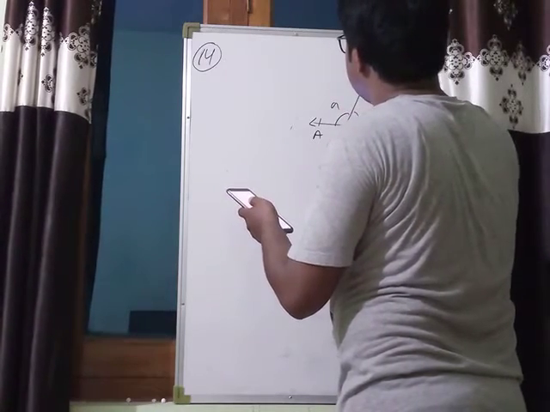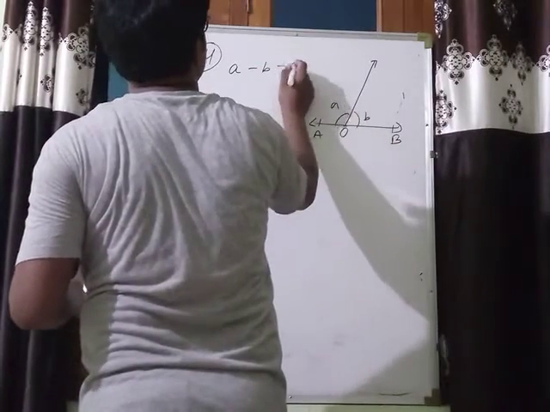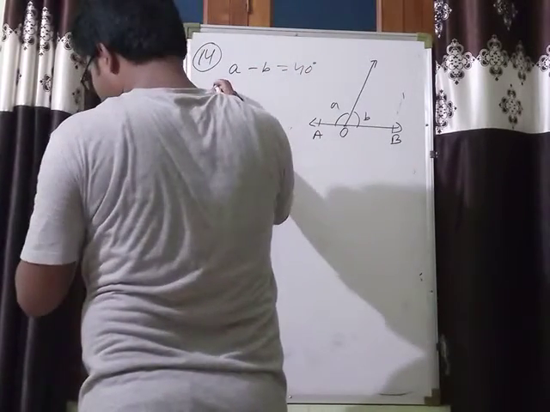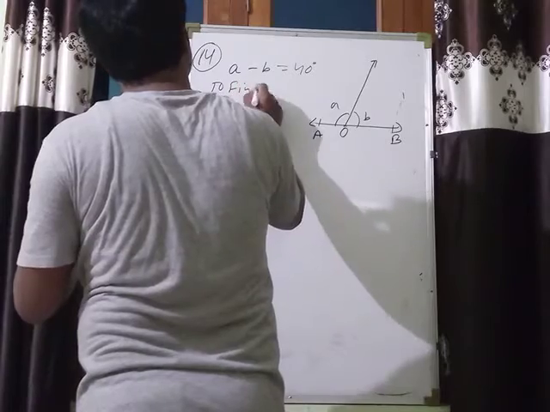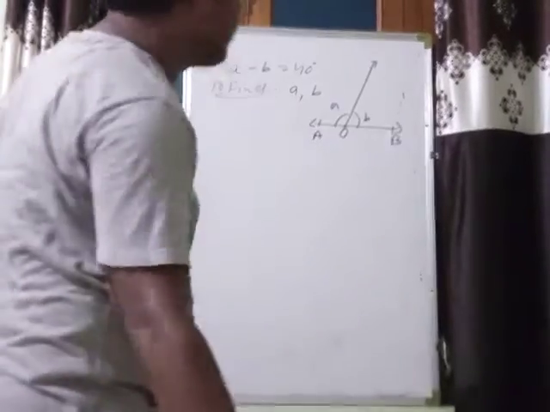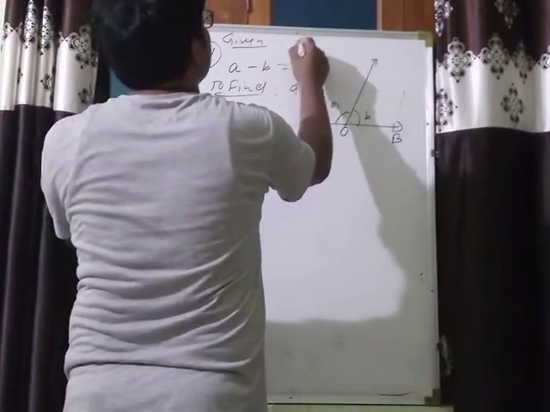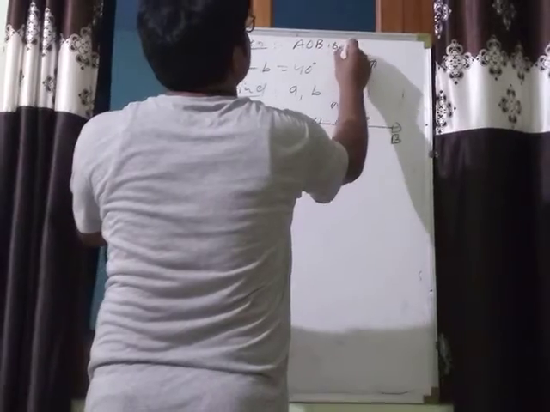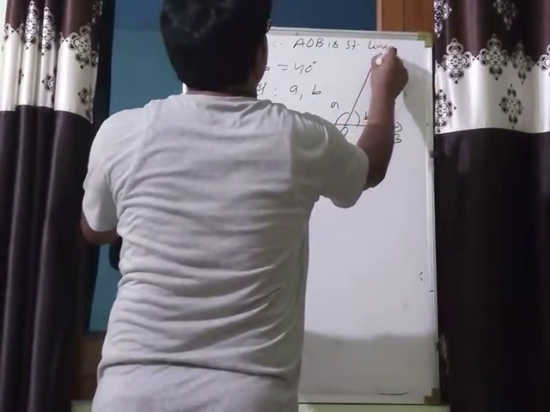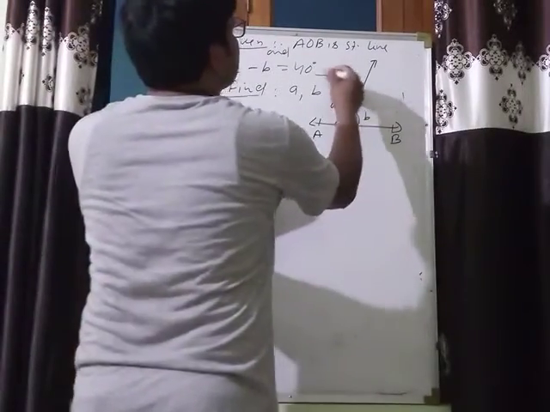This is A, this is B, and it is given that A minus B is 40 degrees. We have to find A and B. Very easy question. It is given that AOB is a straight line and A minus B is 40 degrees. Suppose this is the first equation.